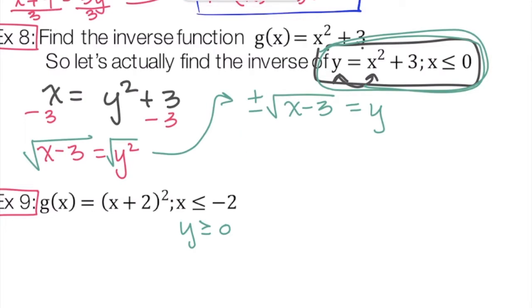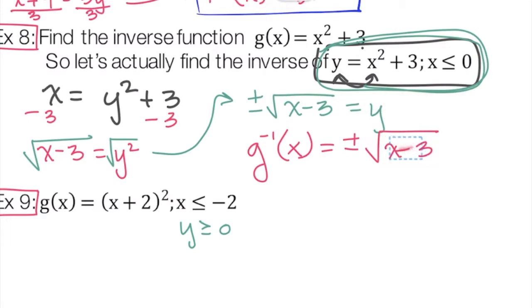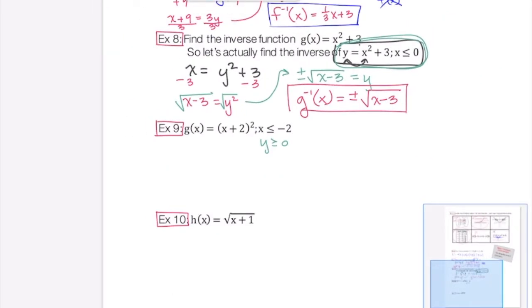We started off with g of x, so now we're dealing with g with the superscript of negative 1 is equal to, and then tentatively positive and negative square root of x minus 3, but we're going to come back and eliminate either the positive or the negative one. So hang tight and we'll finish that one fully in just a minute.